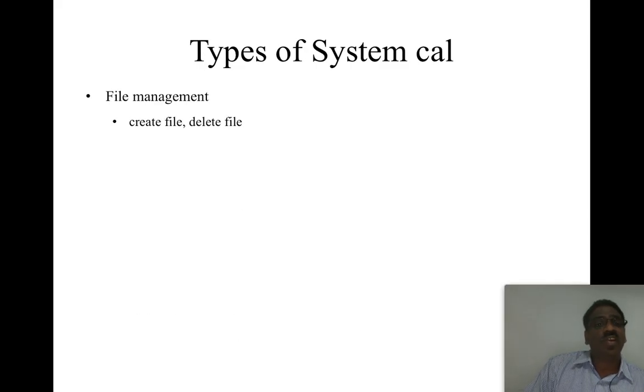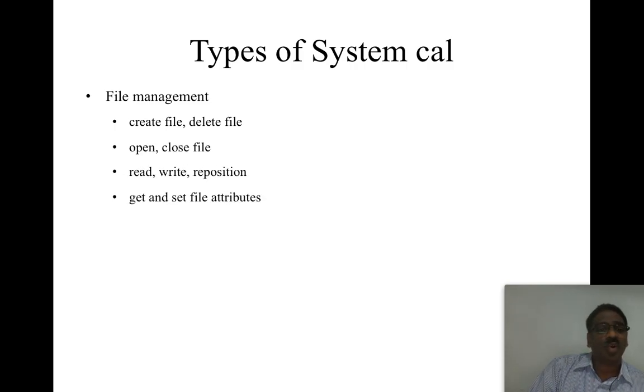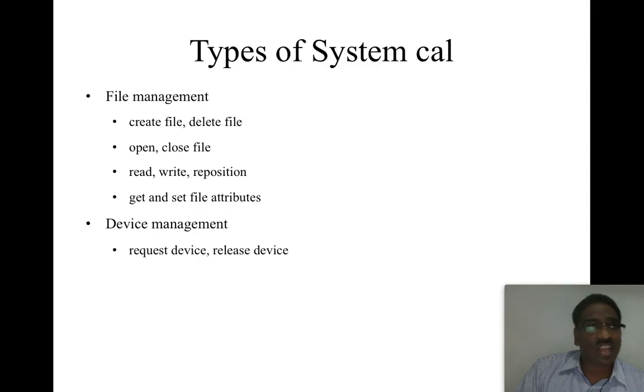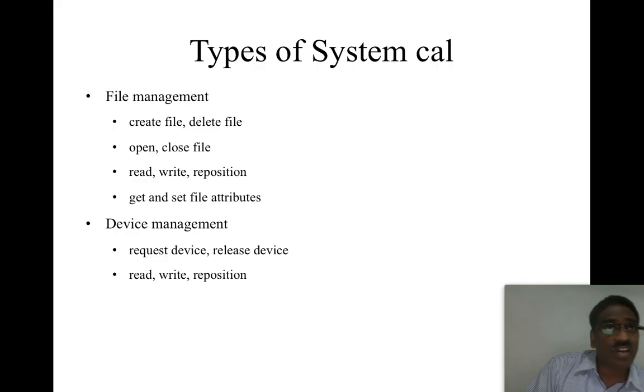Now, in file management, file means creating a file, deleting a file, editing a file, copying a file. These are all called types of system calls. Open, close, write, read, attributes. Device management: request for a new device, adding a new device and releasing a device, read and write, reposition.